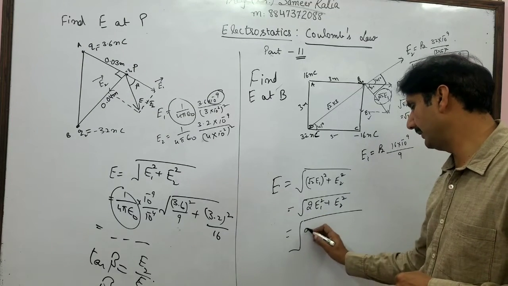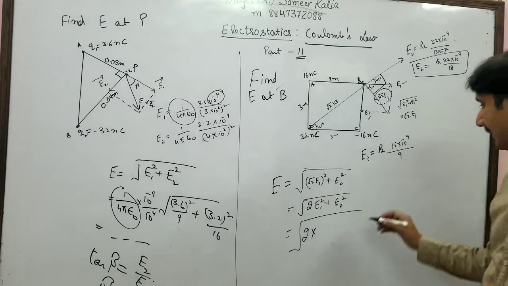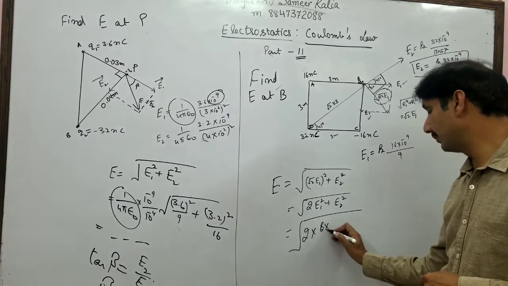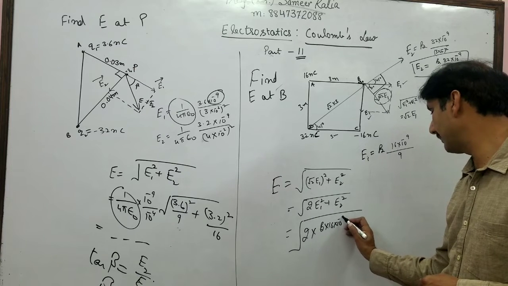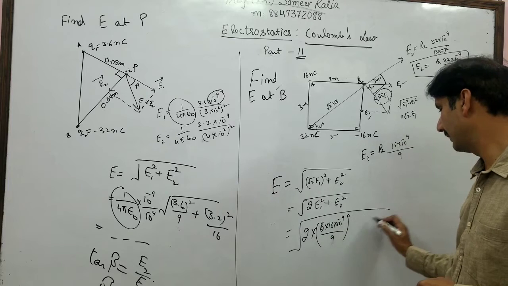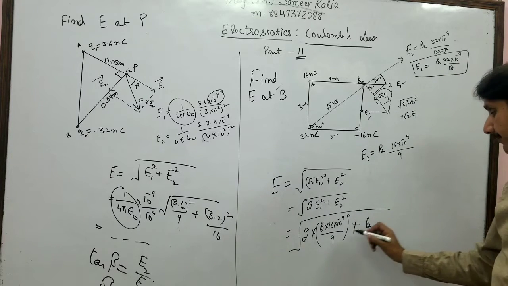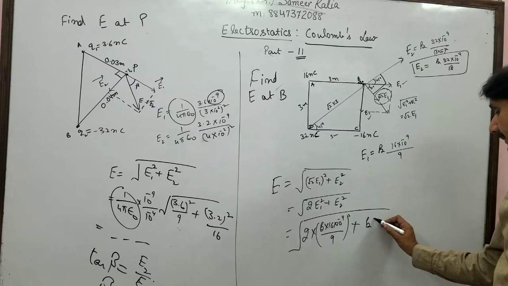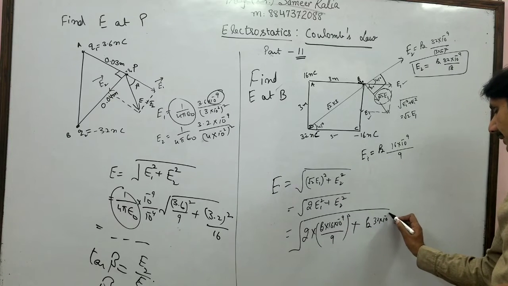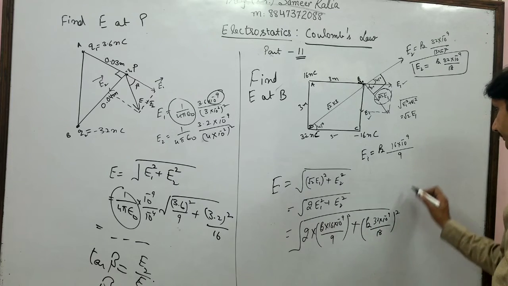E1 square is K into 16 into 10 raised to the power minus 9 divided by 9 whole square plus E2 square. E2 square was K times 32 times 10 raised to the power minus 9 divided by 18 whole square.